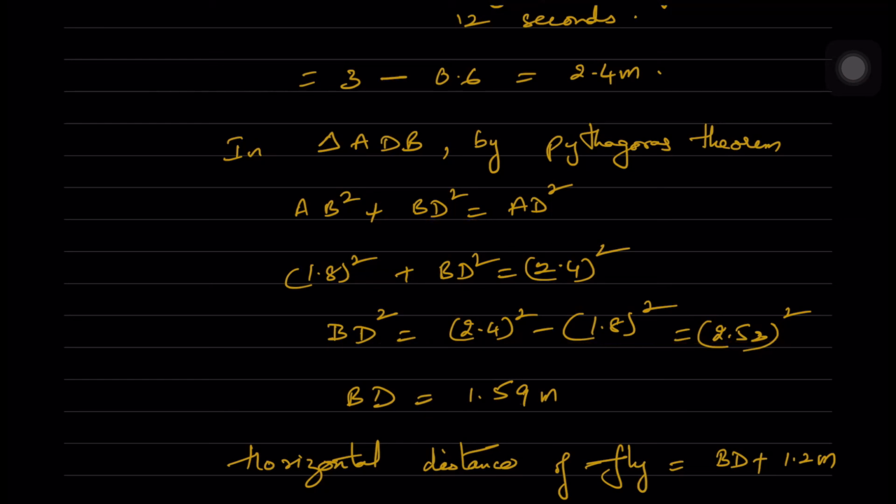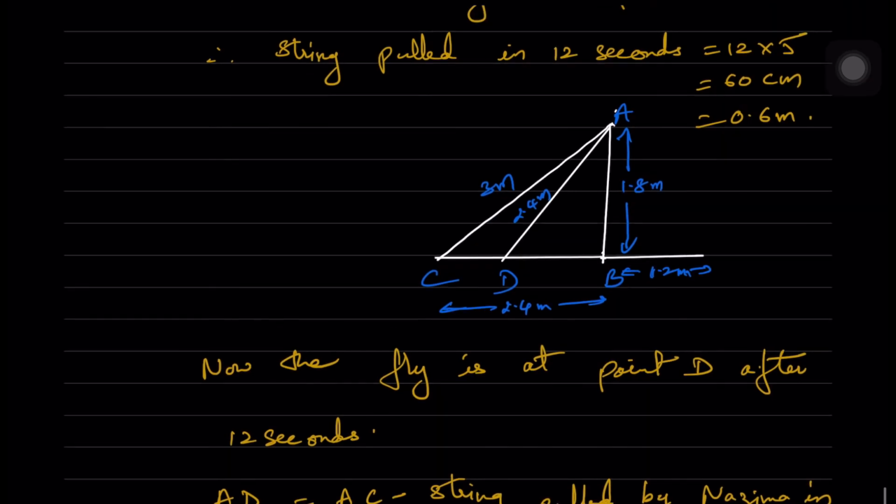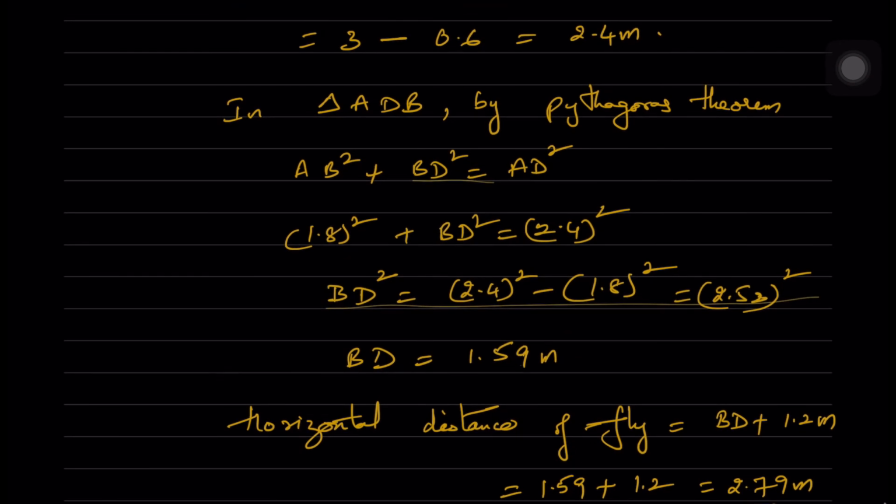We have to find out what is BD from this. BD is this part. So BD square is equal to 2.4 whole square minus 1.8 whole square, which is equal to 2.52. So BD is equal to the square root of 2.52, which is nothing but 1.59 meters.